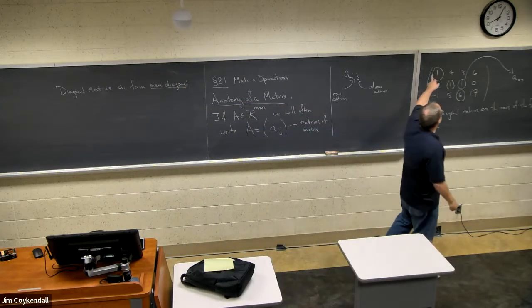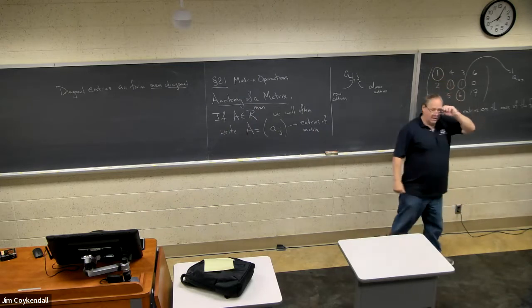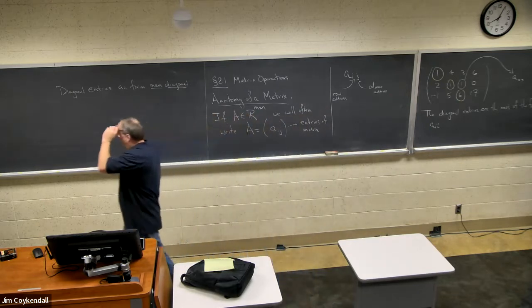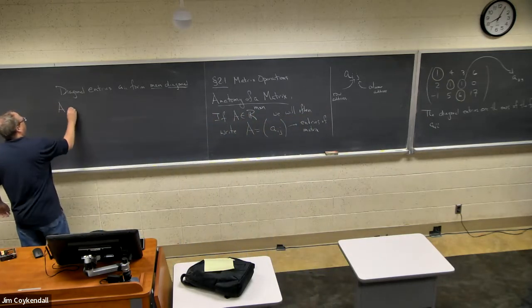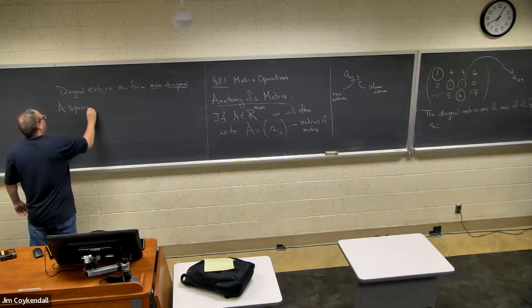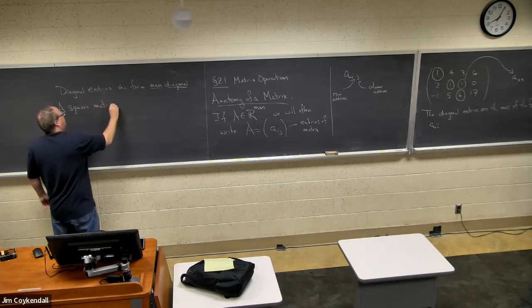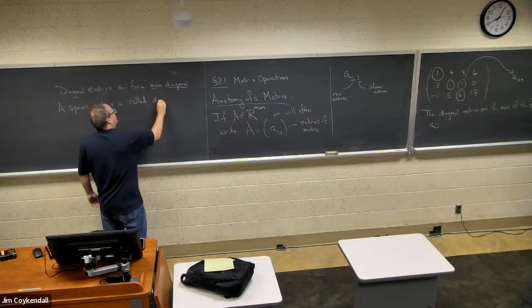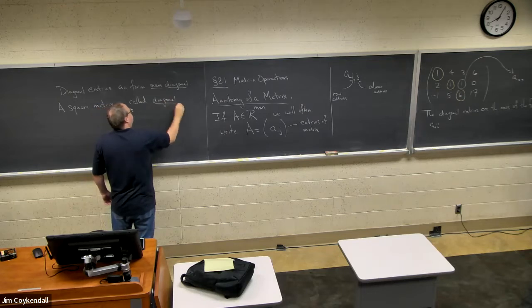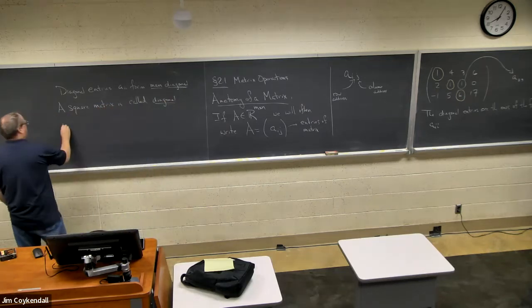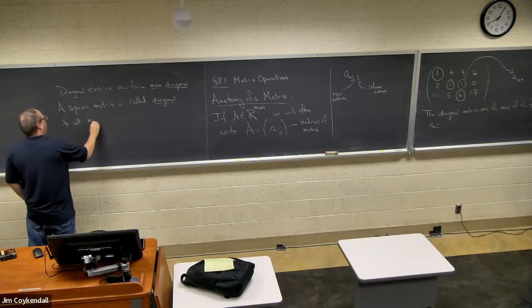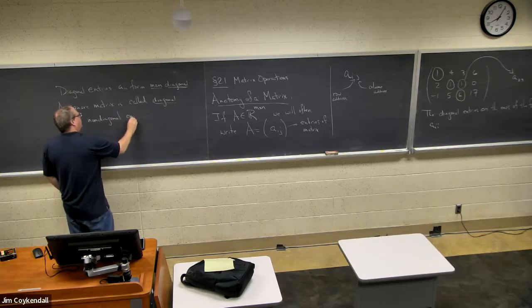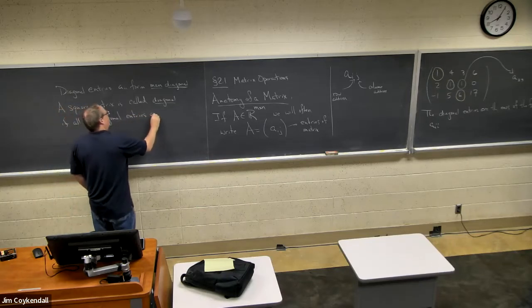So, for example, the main diagonal here would be these 3 that I circled. And of course, the main diagonal on the square matrix is the most interesting. So, a square matrix is called diagonal if all non-diagonal entries are zero.